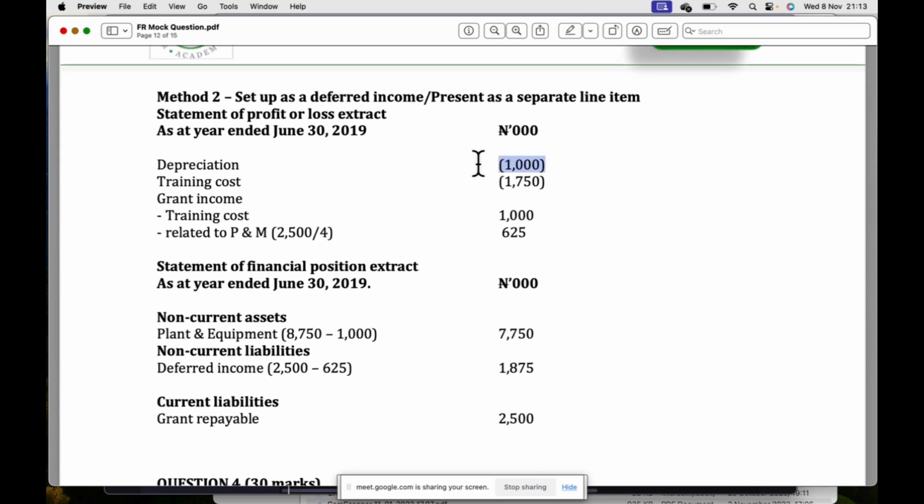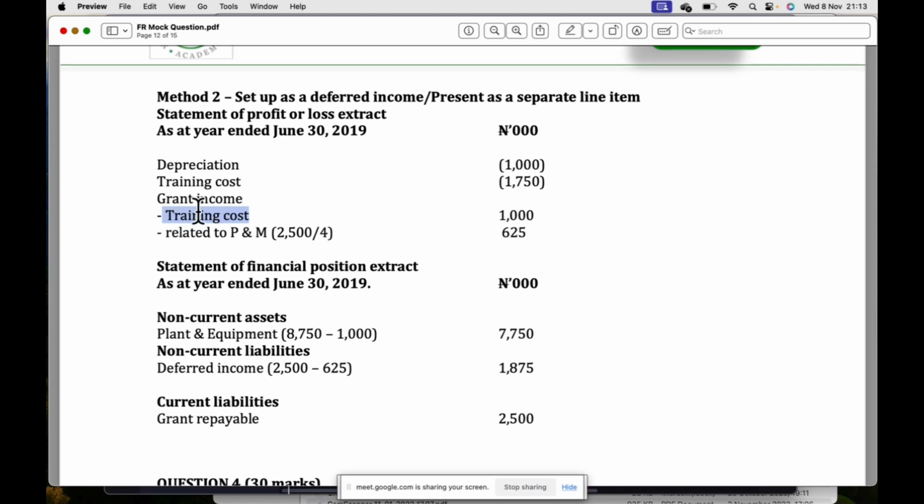Then for grant related to income, I'm presenting the grant as a separate line item. So that means the training cost will come in separately as 1,750,000. I'm not netting off. So my grant income, I will recognize it separately.